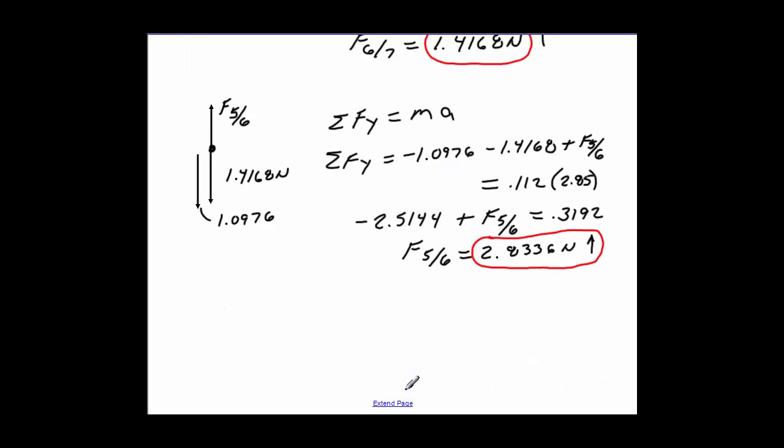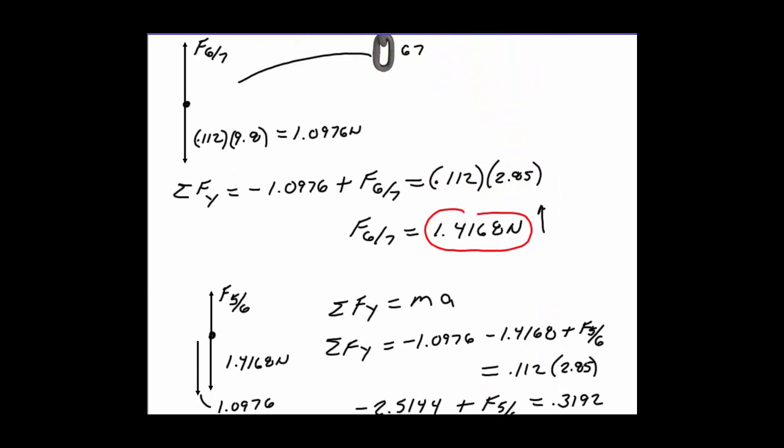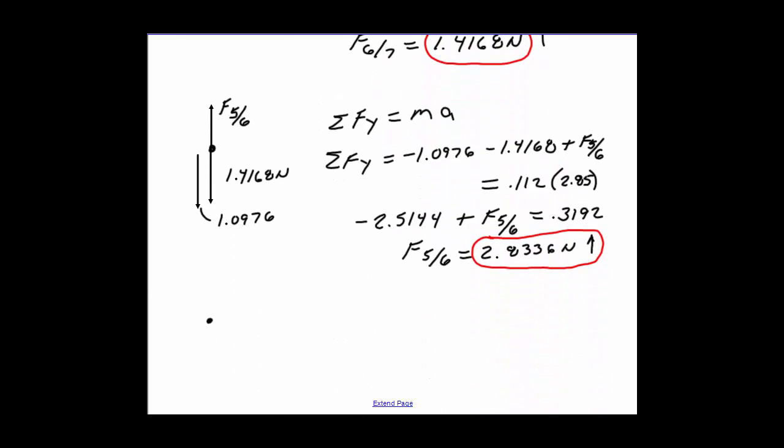Okay, we'll do one more, and then I'll talk about a pattern that's developing very quickly. So now we do the free-body diagram of link number 5. I'll have this going back down, 2.8336 newtons.